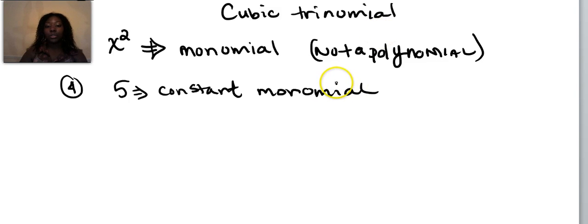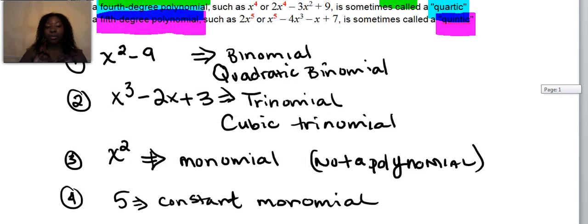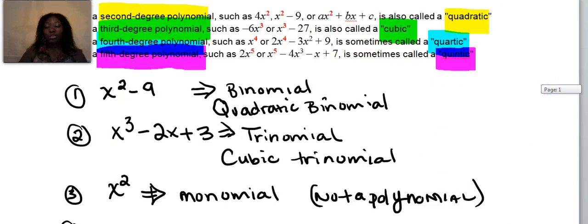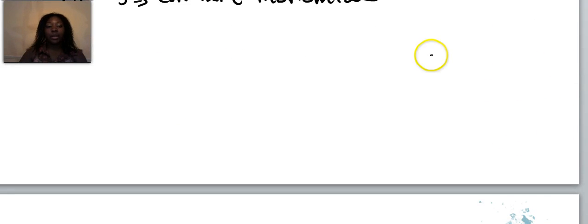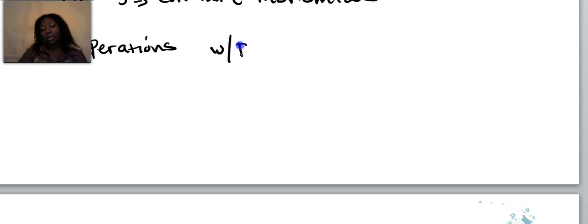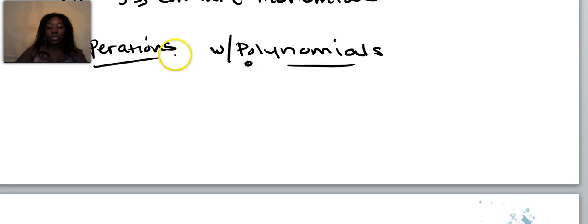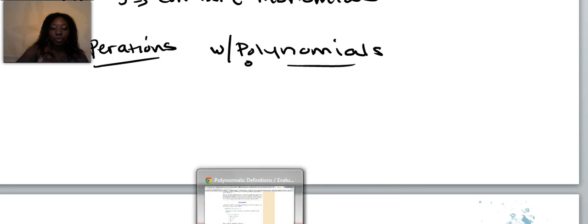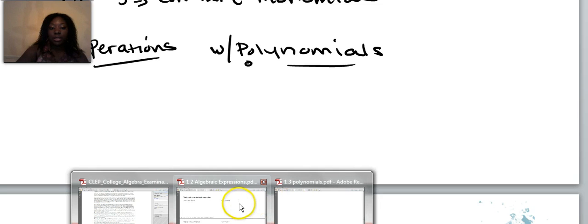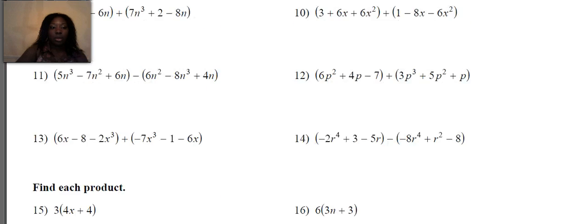All right, so we can do operations with polynomials. We've done some operations with polynomials before, we just did not define them. Let's actually look at the assignment for this. Let's get some inspiration from the polynomial assignment.